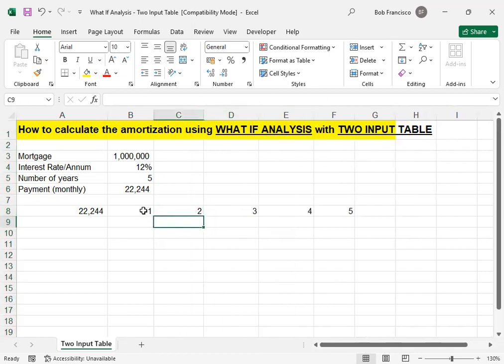Right. Let's say what if. So that's why this is called what if analysis. What if I'm gonna pay the mortgage amount of 1 million in 1 year, or in 2 years time, or 3 years, 4 years, or 5 years time. So different scenario, different terms.